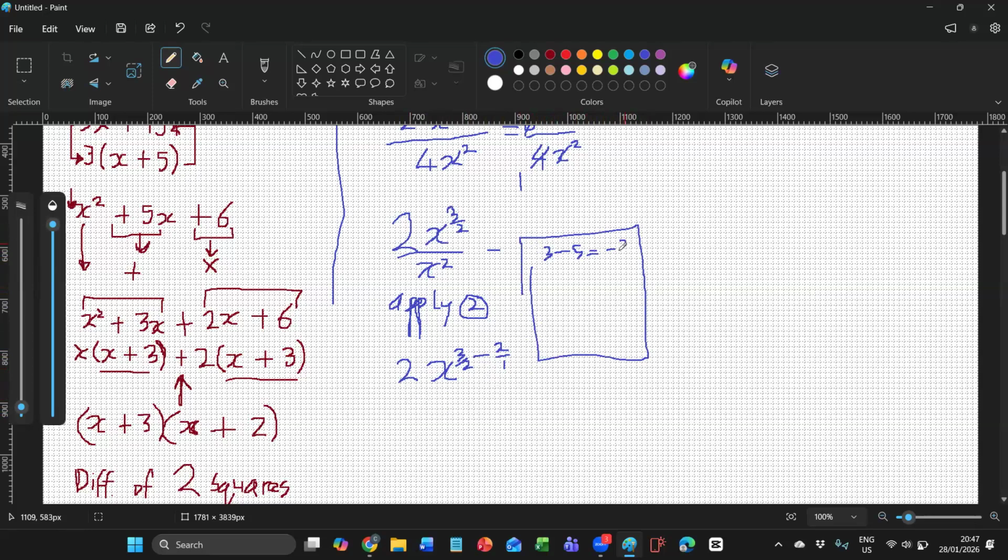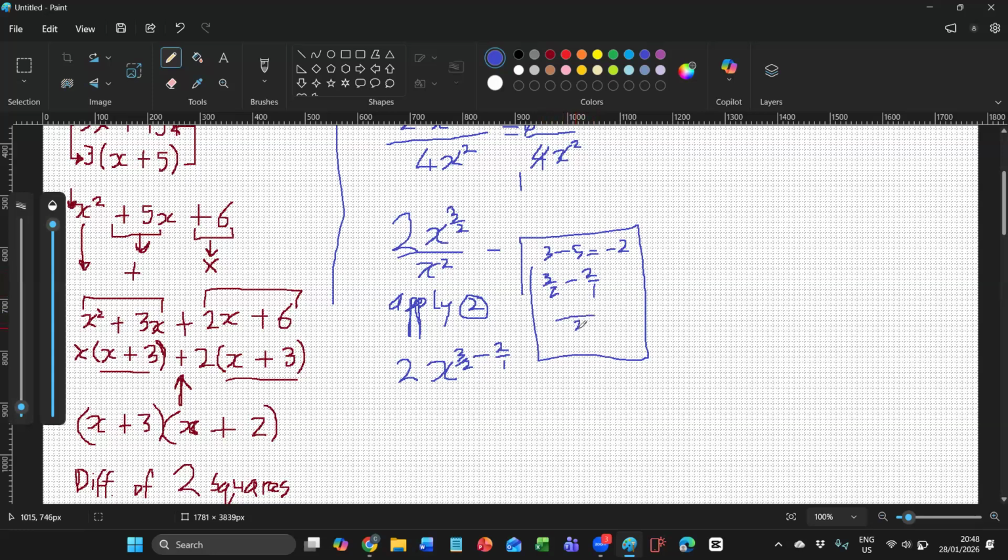The negative of the big number minus that small number, right? Do you agree with me? Okay. So 3 over 2 minus 2 over 1, let's just do it.